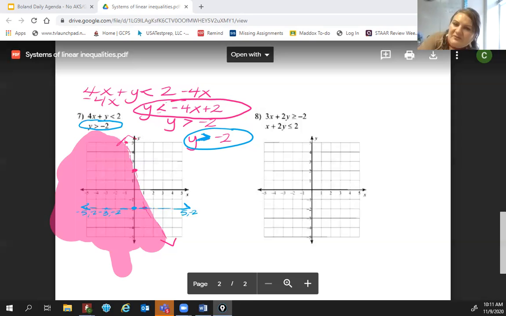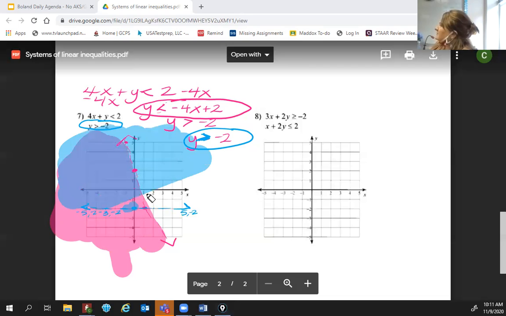Do I shade up or down? Does that make sense to you guys? Because it says y is greater than -2. So all my values that are greater than -2 are my values. Okay, if this is -2, are these values greater? No. So then I'm going to shade this portion.